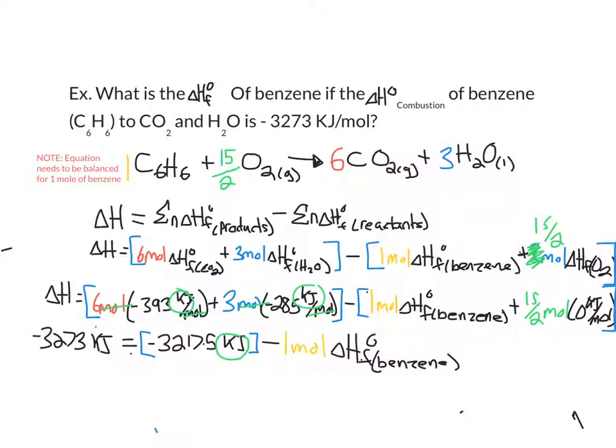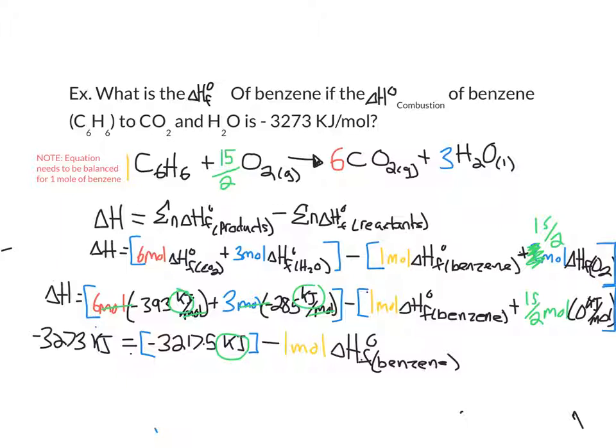Now we have to rearrange. In order to get rid of this negative 3,217, we are just going to add it to both sides.